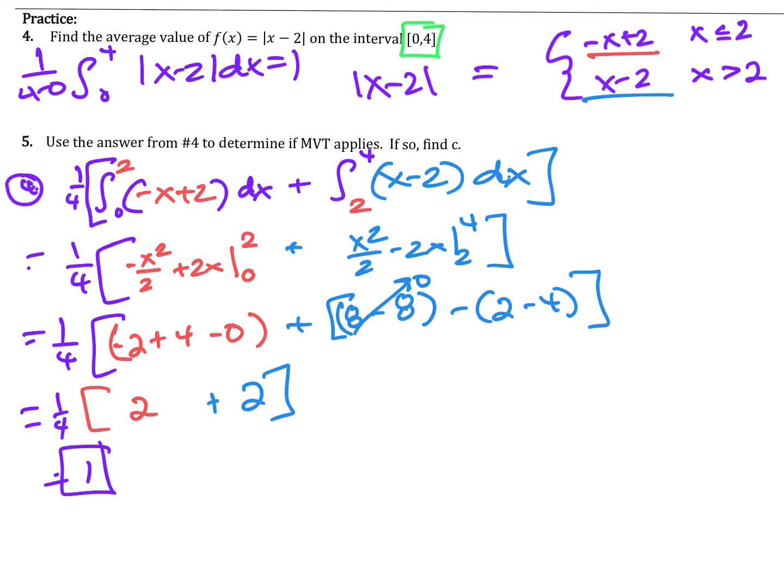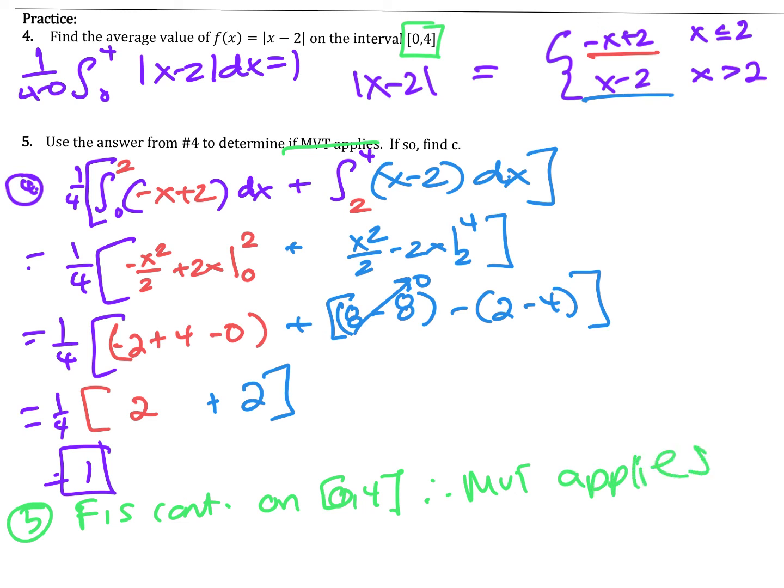Now for number 5, we need to determine if the mean value theorem applies, which it does. So for number 5, the very first thing I'm going to say is f is continuous on the interval from 0 to 4. Therefore, MVT applies.